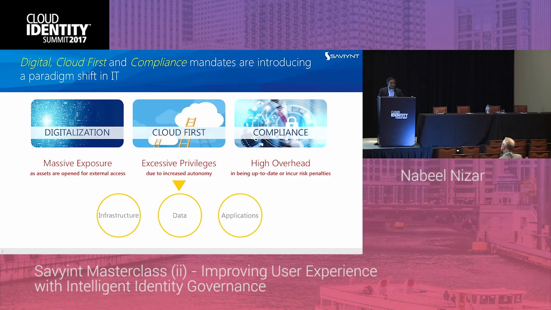The second aspect of this is you really want to improve that end user experience, because it's not about who has access, what they have access to, how they got it, and why. It's more about how they're using that access that helps drive your whole identity governance administration practice. So your auditors don't really want to know if you have access to Salesforce.